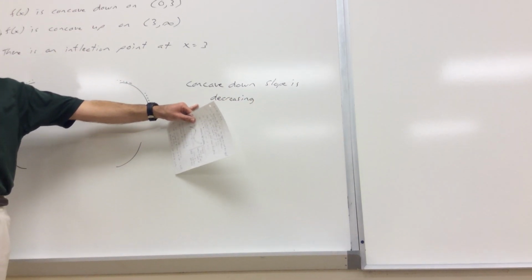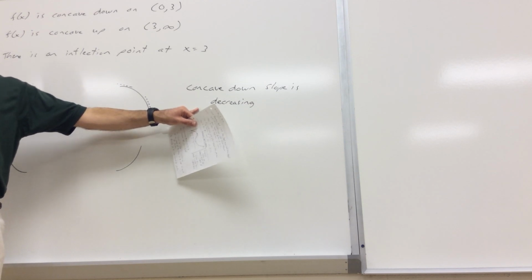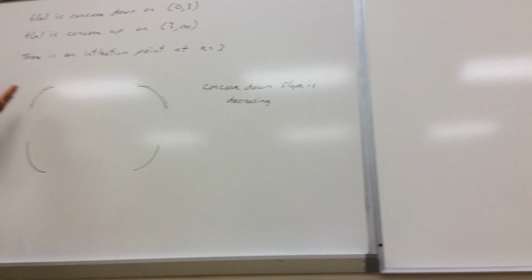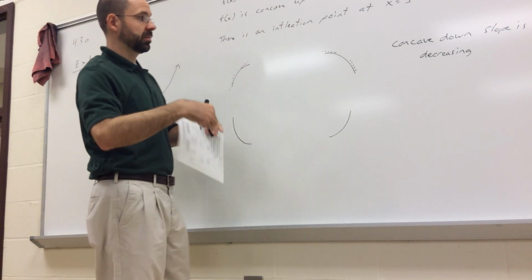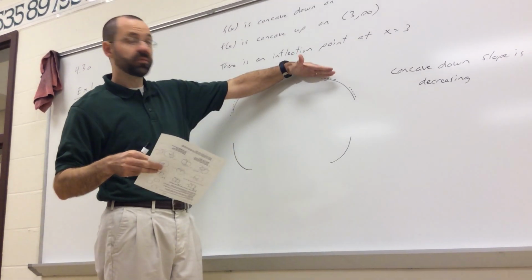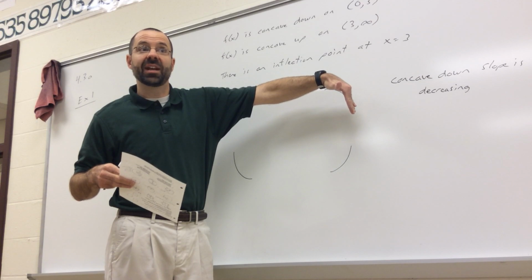When the graph is concave down, the slope is decreasing. So again, what I mean by that is big positive, smaller slope. Big negative, or sorry, small negative, smaller slope, because now it's a bigger negative.